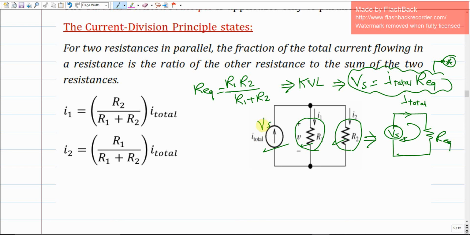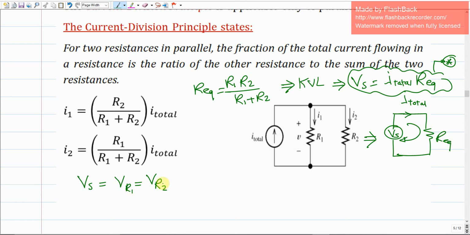But how much is the voltage? It is Vs, the total volt that we just calculated using this equation. Make sense? So what does it mean? It means that Vs should equal the volt over R1, which should equal the volt over R2. Make sense?